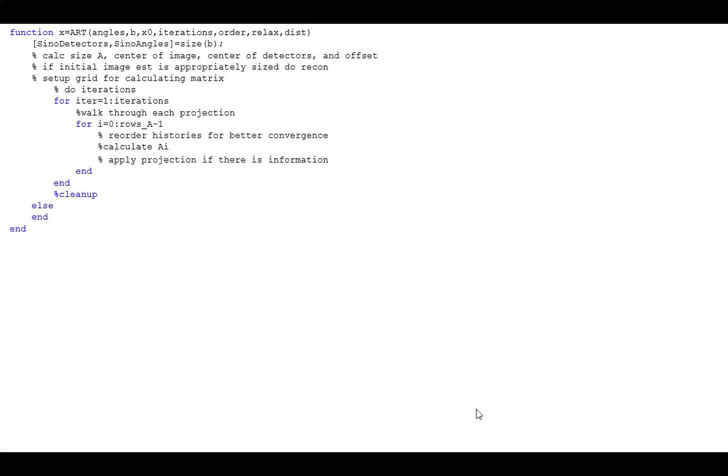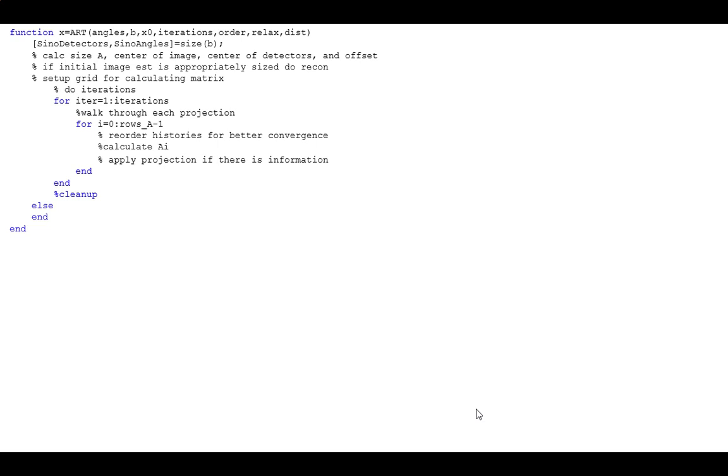So we'll do that after that first comment. Second one, we're going to have an initial image estimate, that x0 that's passed to us, and from the A and everything, we're going to figure out the size of the actual image. Well, what if the size of our actual image does not correspond to the columns of A? They're calculated from different areas.